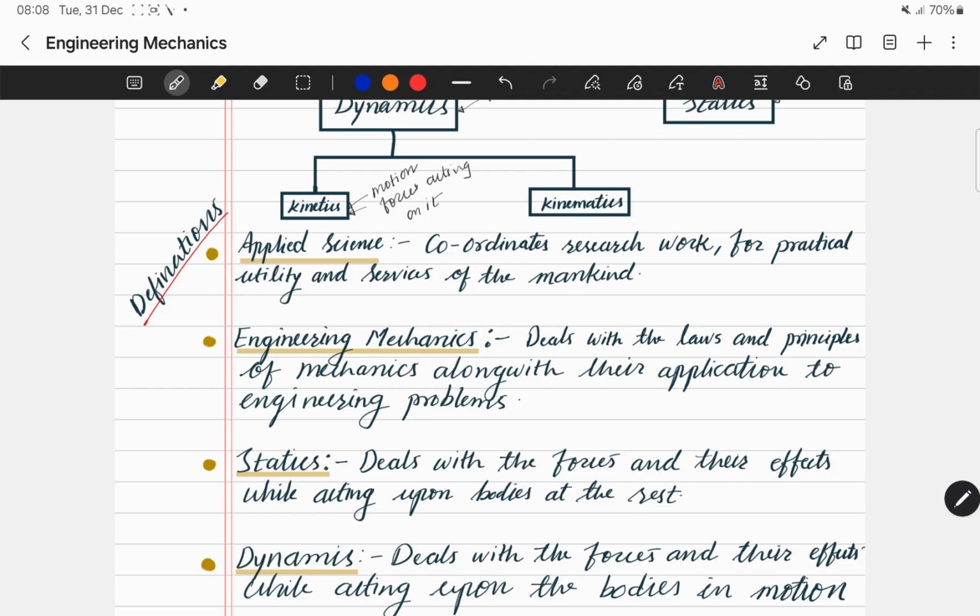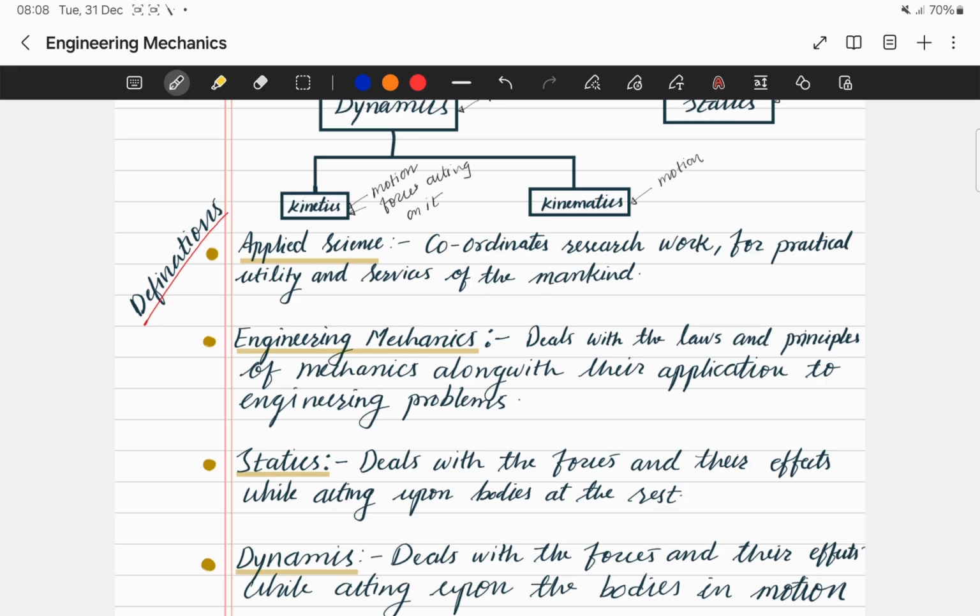So that becomes part of kinetics. When we consider kinematics, the body is in motion and we only study the motion of the body. We do not study the forces. Then that part is nothing but kinematics.